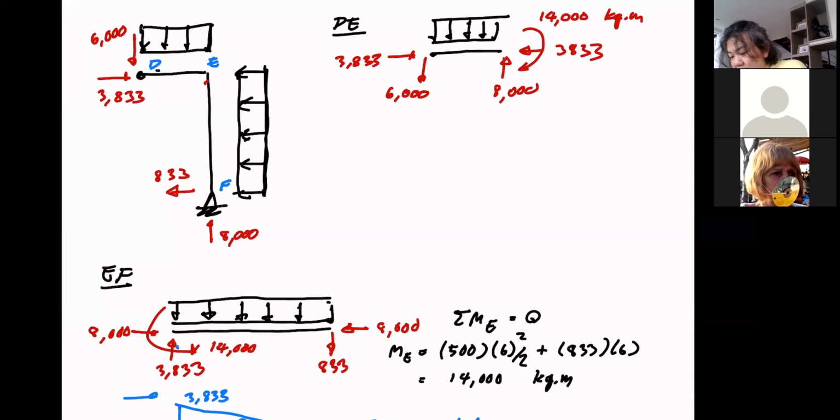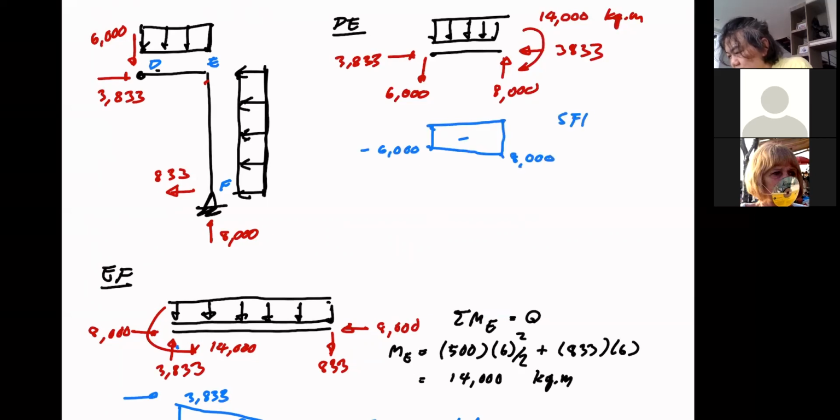The shear force diagram now is down the left. Oops, I'm sorry. Okay, it's getting stuck, right? So that's my shear force diagram. Negative area, minus 6,000, 8,000.